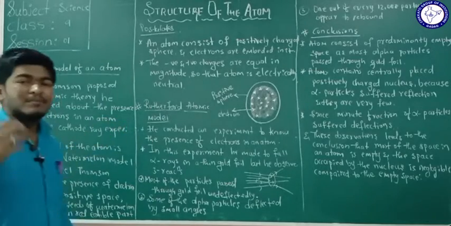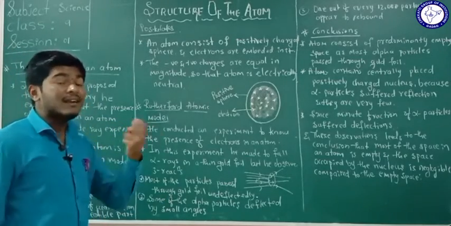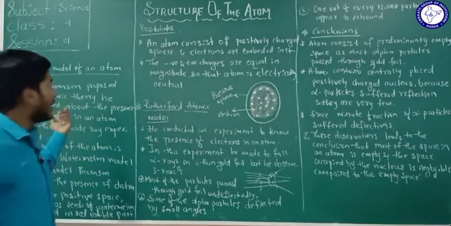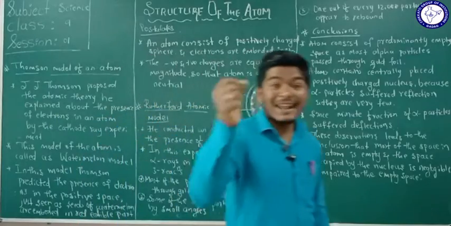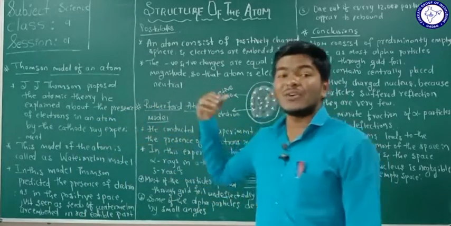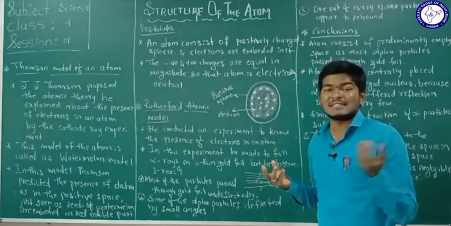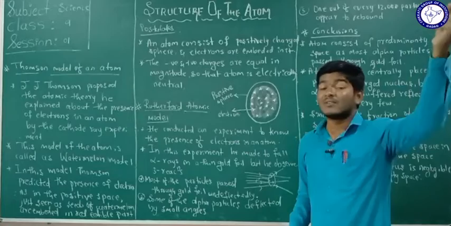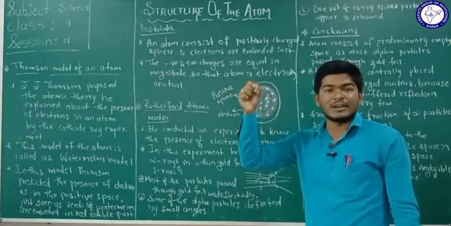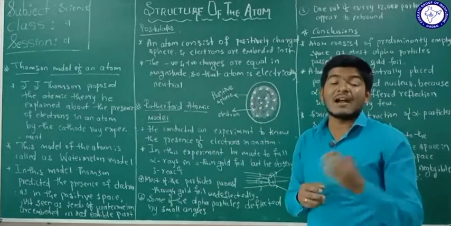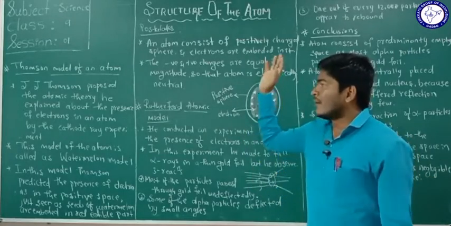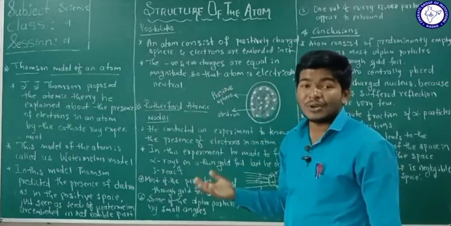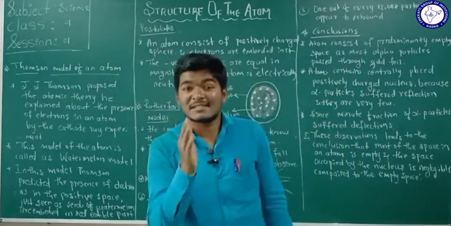Based on his experiment, he wanted to know the presence of the electrons in an atom. First, J.J. Thomson said that electrons are present in an atom; before that, we didn't know what was present in the atom. According to Dalton's theory, the atom is the smallest unit and can't be divided, but through Thomson, scientists came to know that atoms also consist of subatomic particles.